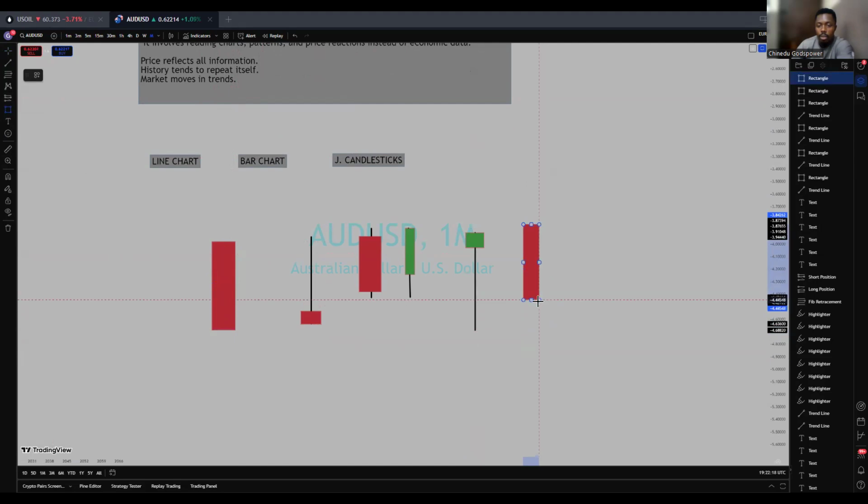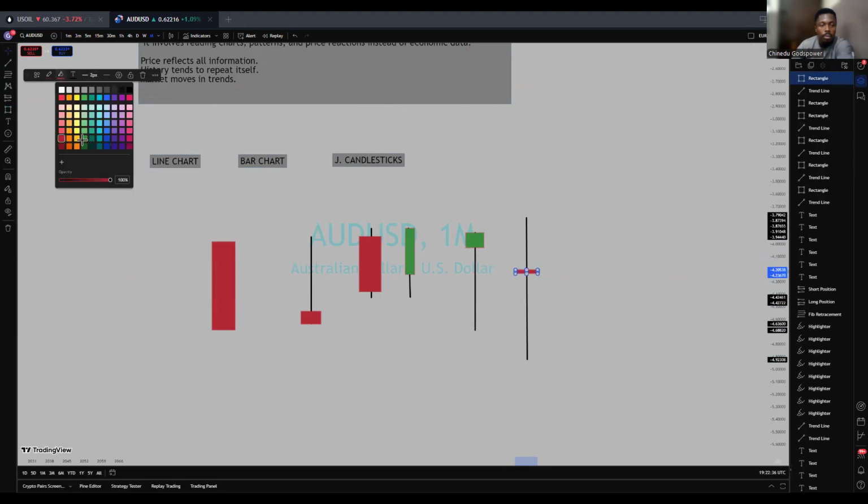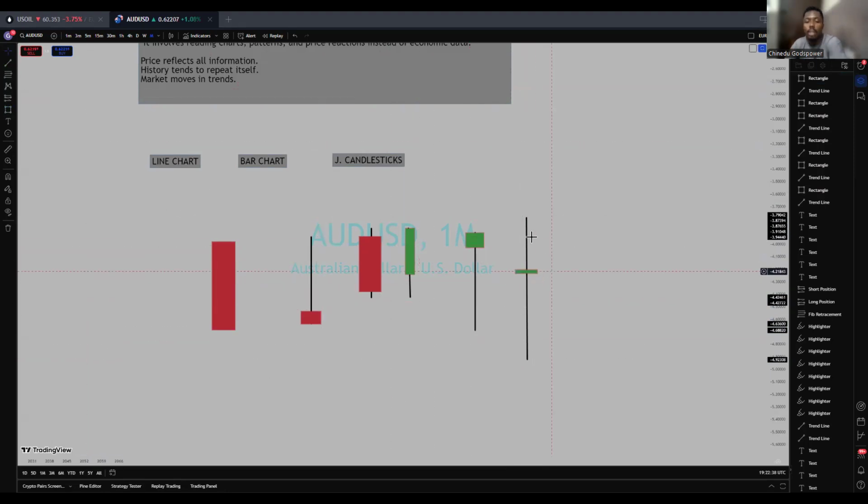They tell the strength. Let me use this one, a decision candle. So this is a candlestick, and this is how they look.